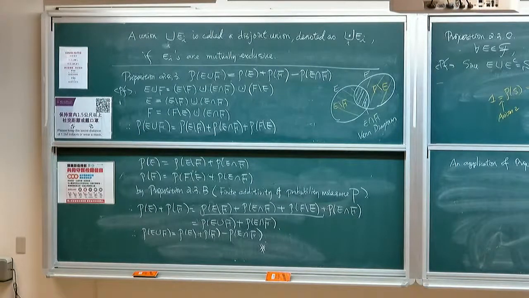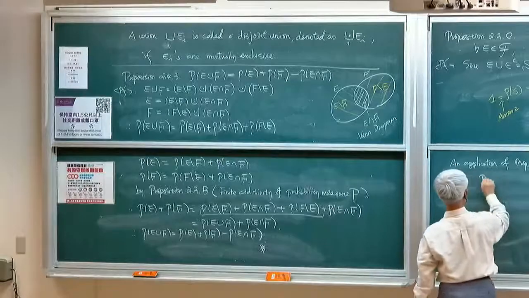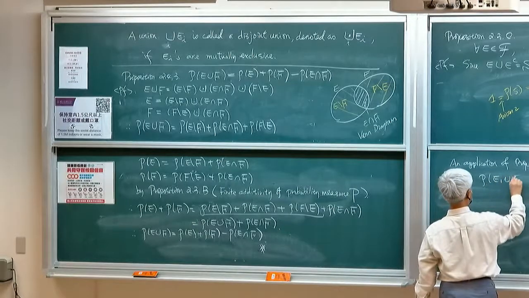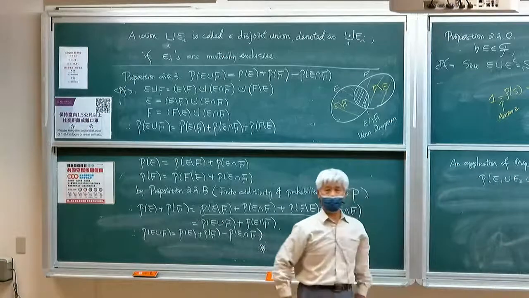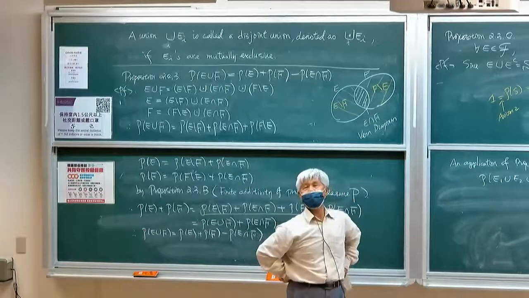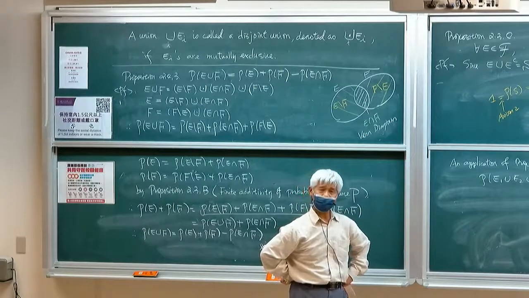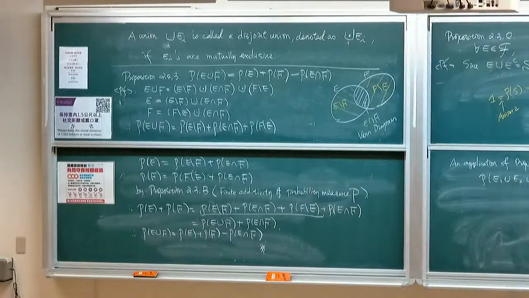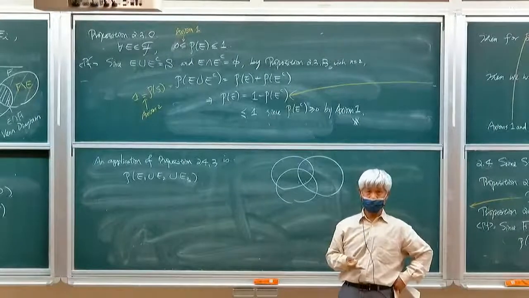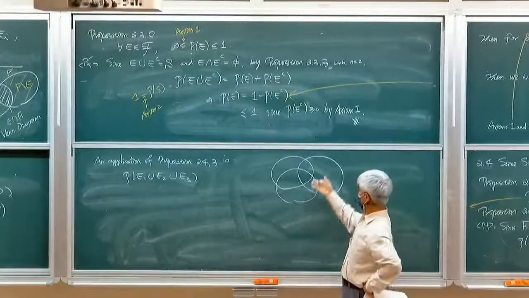Suppose we have the union of 3 events, and now it becomes more complicated. If you draw the Venn diagram, it becomes complicated, right? If you have 3 events, it becomes so complicated.